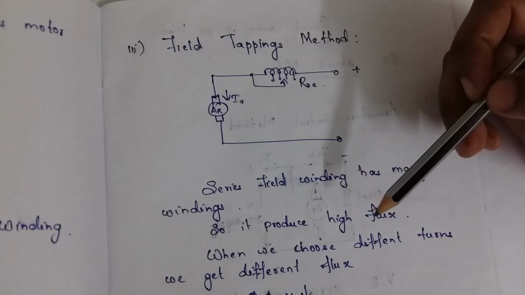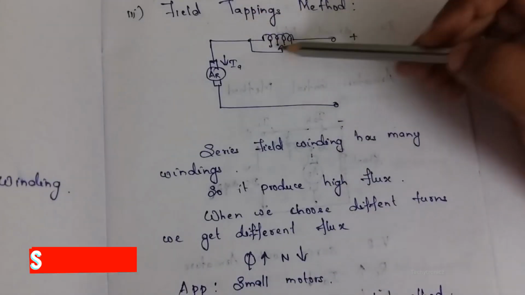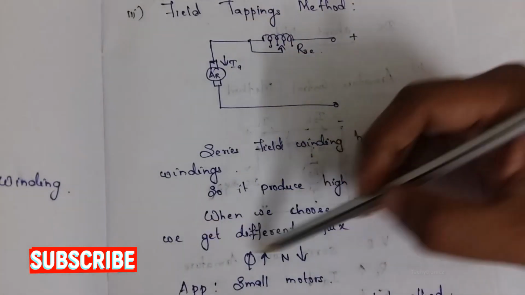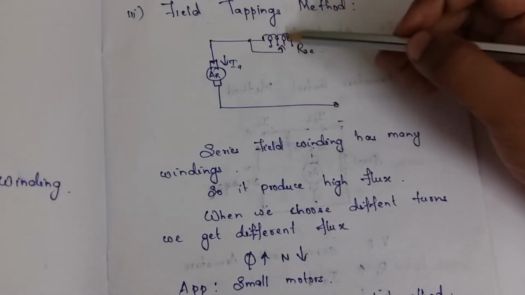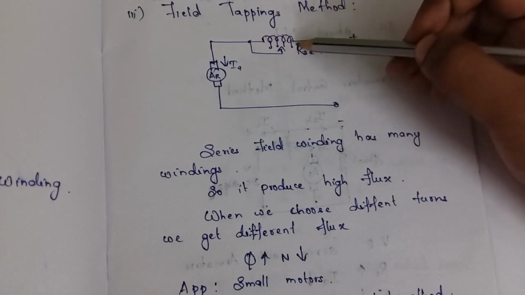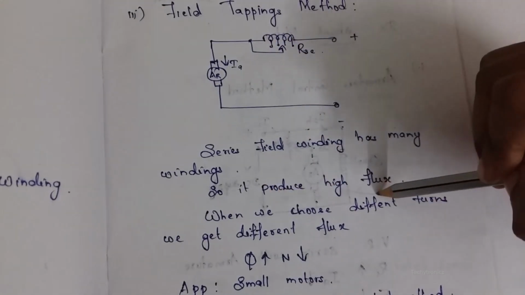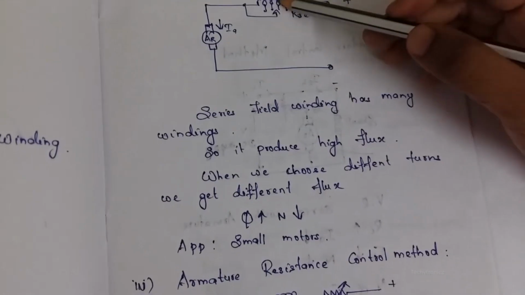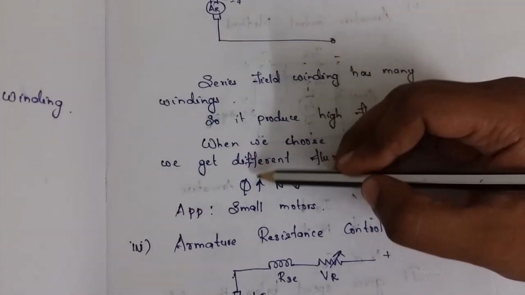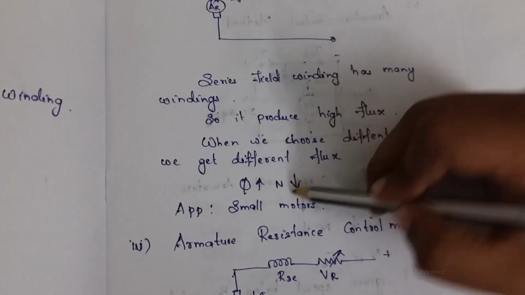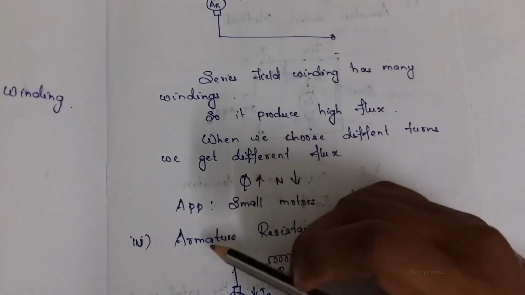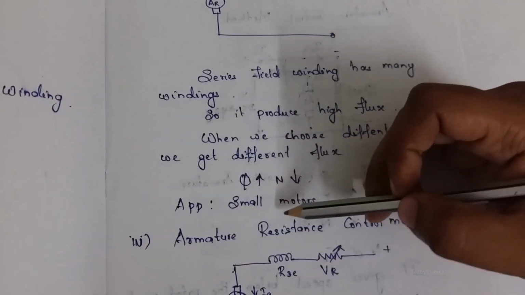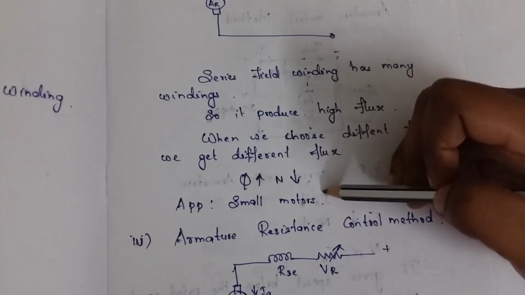When we choose different turns of the field winding, we get different flux. When we use a high number of field winding turns, it produces high flux. So when the flux increases, what happens? The speed decreases. This is applicable only for small motors.